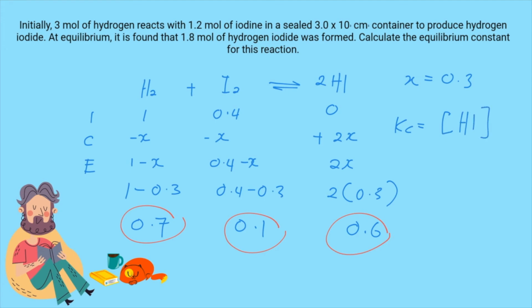So remember, in your product you have 2 here, so HI to the power of 2, and then you need to divide it with whatever in the reactant, which is the H2 and also the I2. So all you need to do is plug in all this value inside here. Therefore, you shall get the value of your Kc.